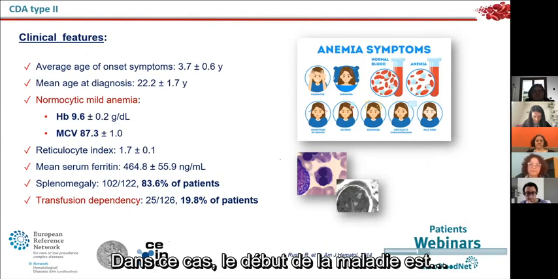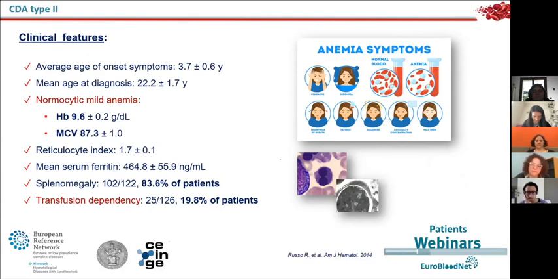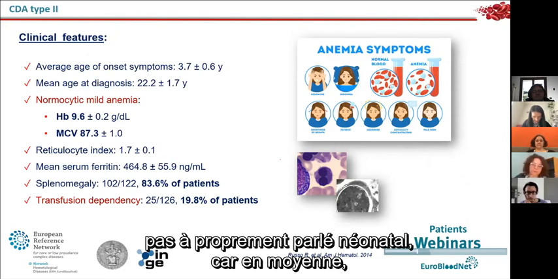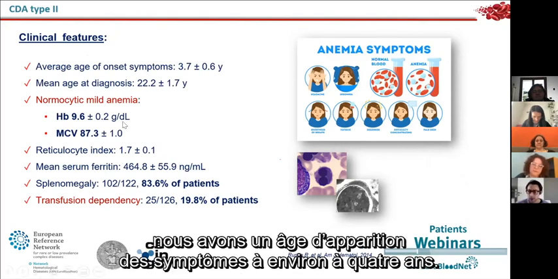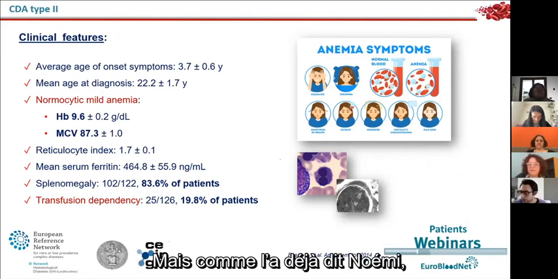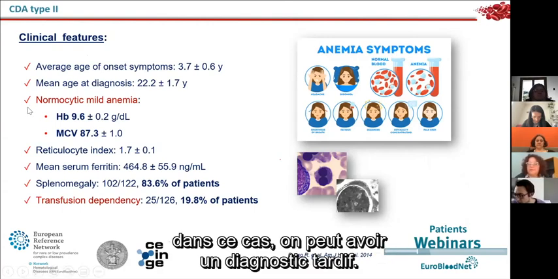In this case, the onset of the disease is not properly neonatal, because on average we have an age of onset of symptoms at approximately 4 years. But as already stated by Noemi, in this case we may have a delayed diagnosis.